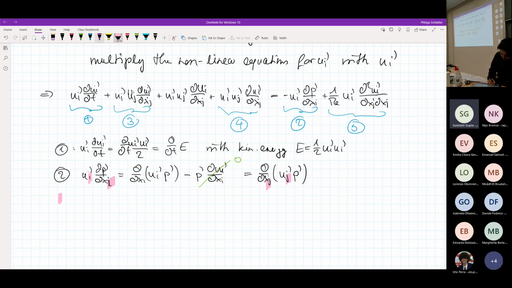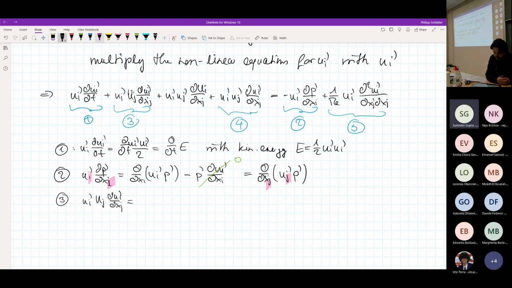So the 3rd term was the nonlinear convection term where we have one contribution from the mean flow. So it's this guy here, ui prime uj dui prime dxj.